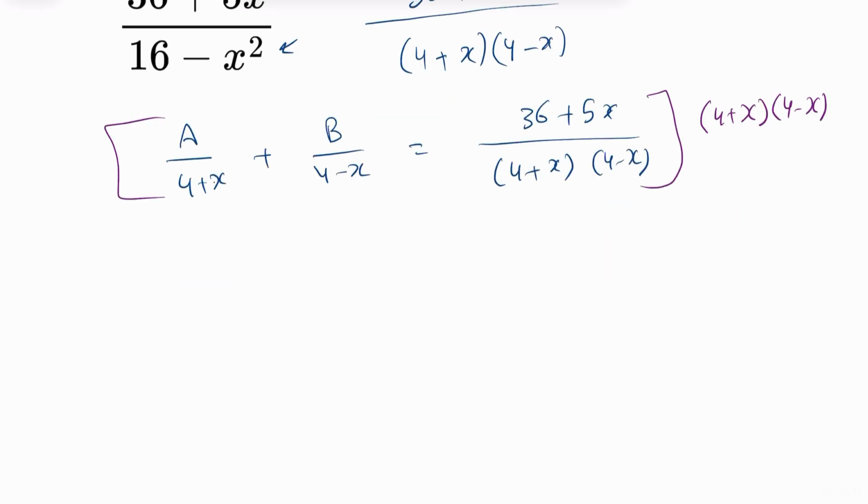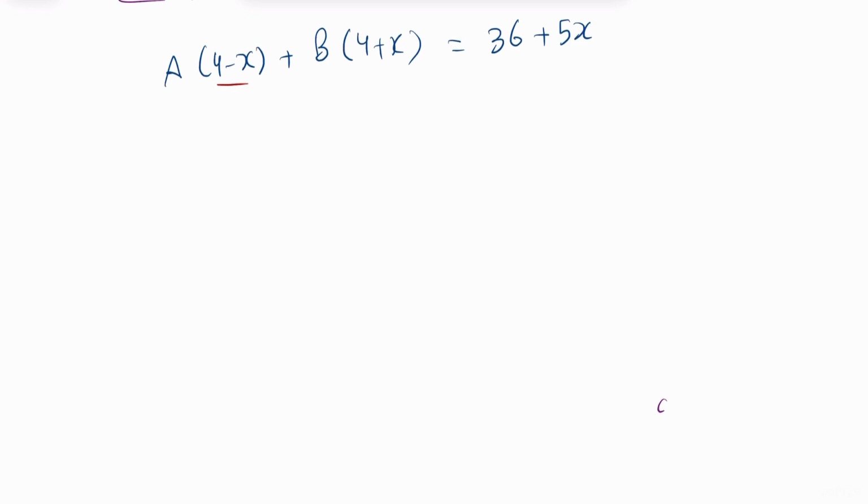So if you multiply the first fraction by 4 plus x, 4 minus x, this will cancel with this. So you come up with a multiplied by 4 minus x, plus this will cancel with this, b, and here 4 plus x is equal to the numerator 36 plus 5x.